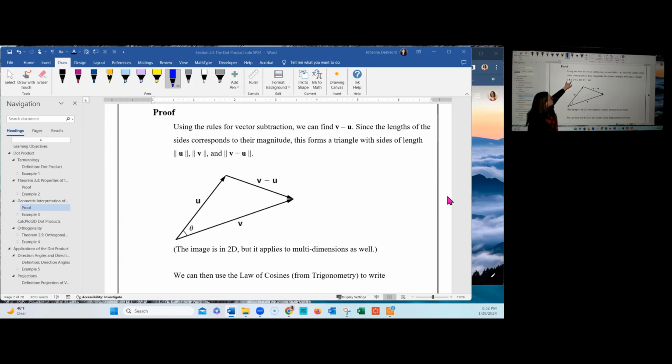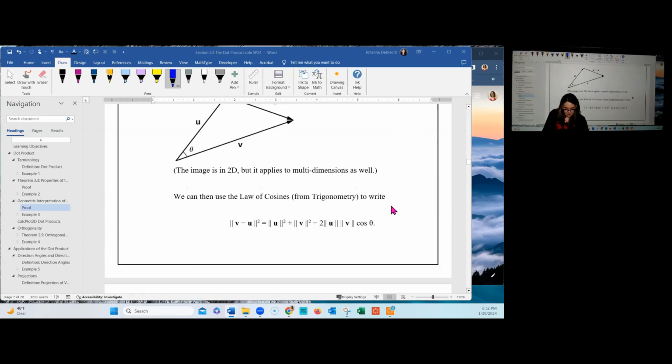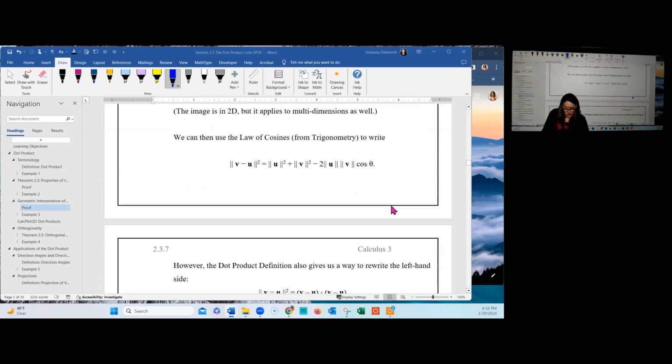So in this case, we've got three sides to this triangle. We've got the length of the vector u, the length of the vector v, and the length of the vector v minus u, which closes that triangle. Now, this applies to multiple dimensions as well, even though I've drawn it in 2D. Now we can use the law of cosines from trigonometry.